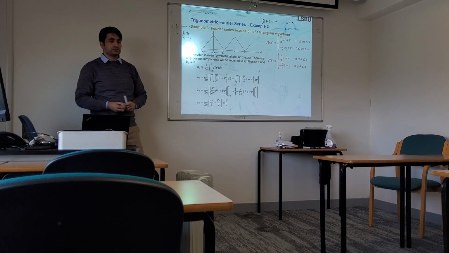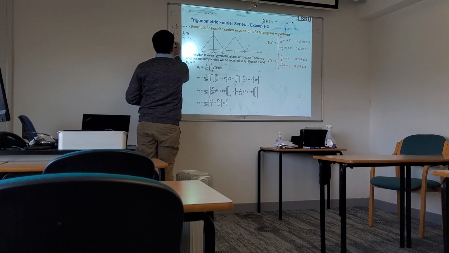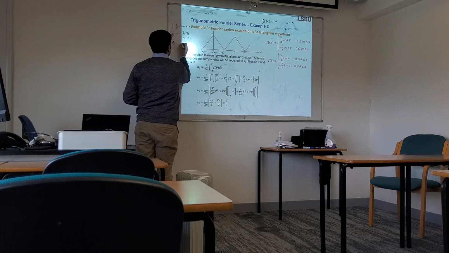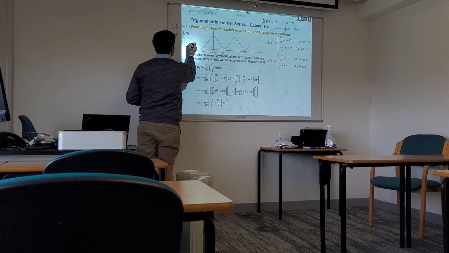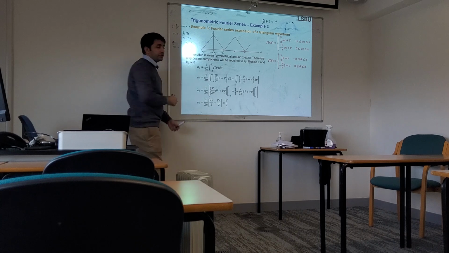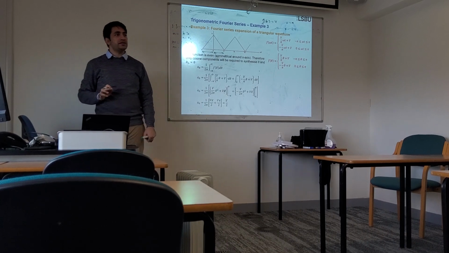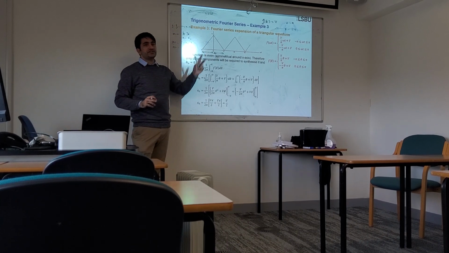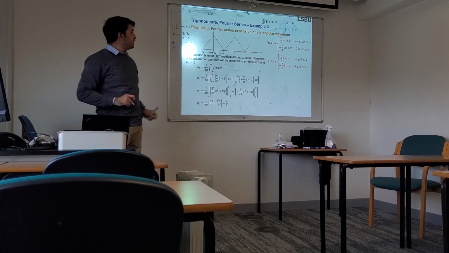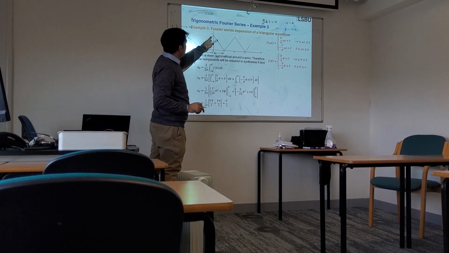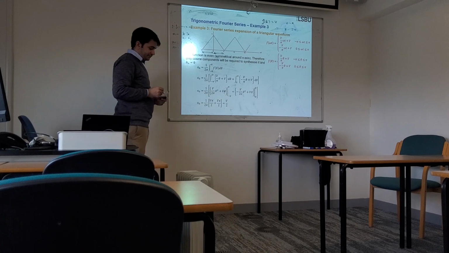Minus pi and 0, so point number 1 is minus pi and 0, and point number 2 is 0 and v. Very good. So we have these 2 points from which we're going to find the equation for the left hand side, and then for the other we will see.